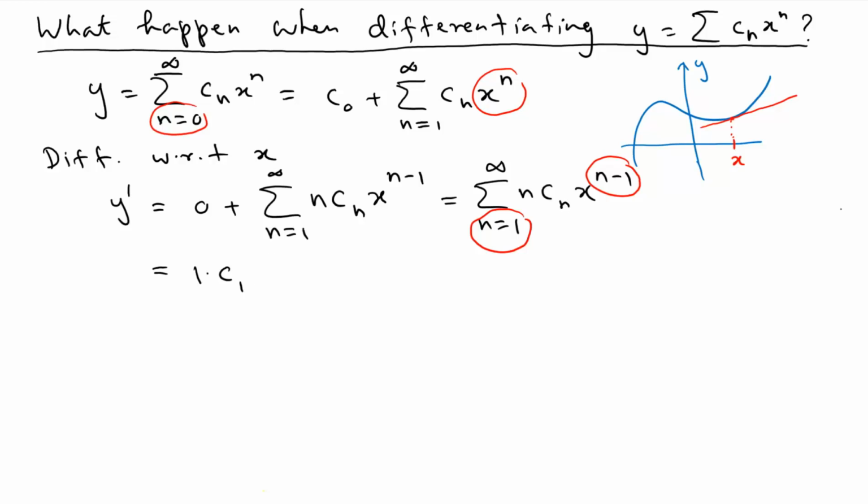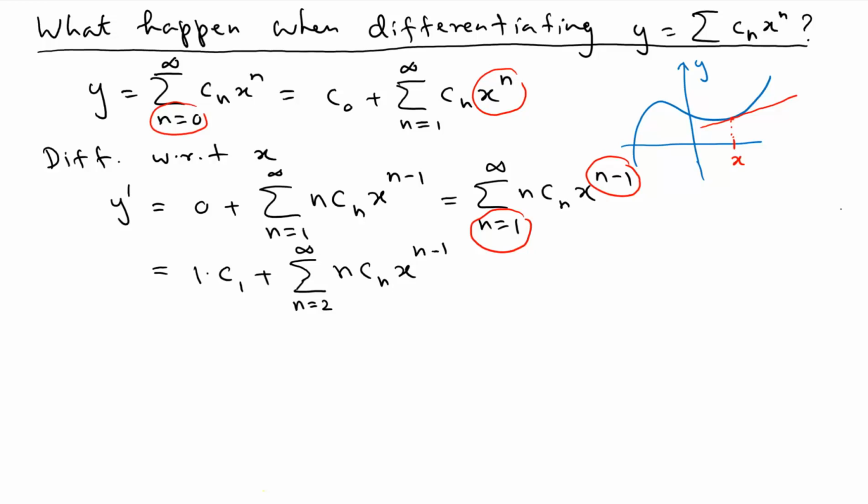That's the only one we have, because x^0 is 1. Even in the x equals 0 case, we assume that it's 1. That's just an assumption. Plus, let's try the rest. Because we wrote the first term, we start with the second term: the sum from n equals 2 to infinity of n cn x^(n-1).